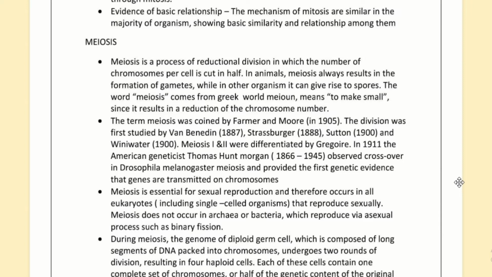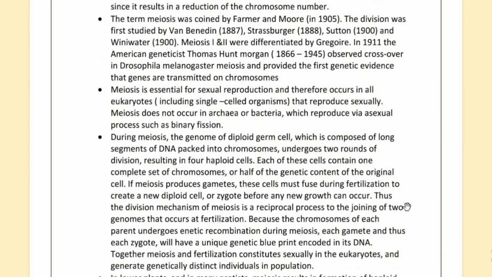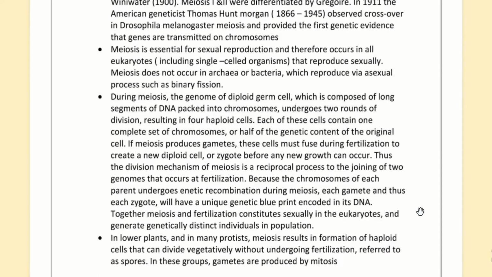The word meiosis comes from the Greek word meion, meaning to make small, since it results in the reduction of the chromosome number. Meiosis is essential for sexual reproduction and therefore occurs in all eukaryotes that reproduce sexually. Meiosis does not occur in archaea or bacteria, which reproduce via asexual processes such as binary fission.